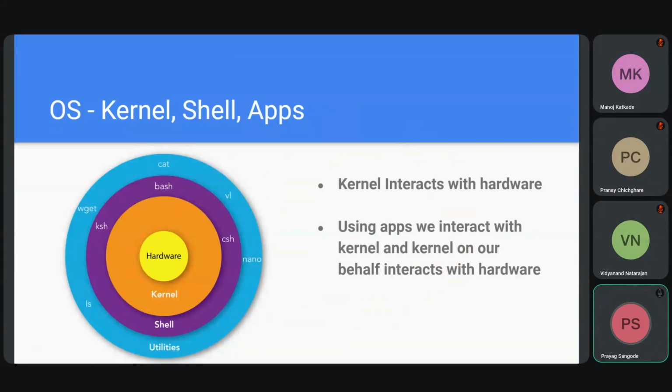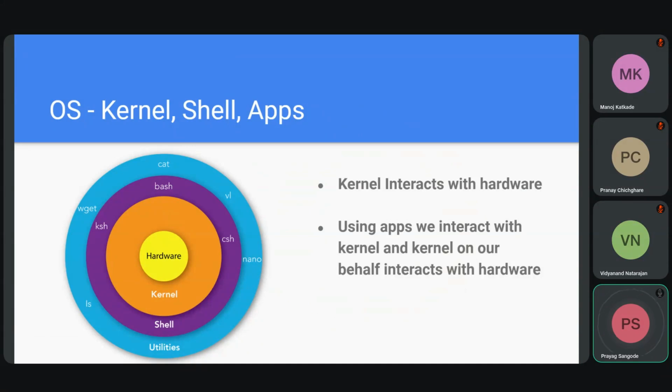Now we haven't yet discussed how containers look and what differentiates them. In any operating system, we know there is a kernel. The kernel is the heart of the operating system. It interacts with the hardware of the system.